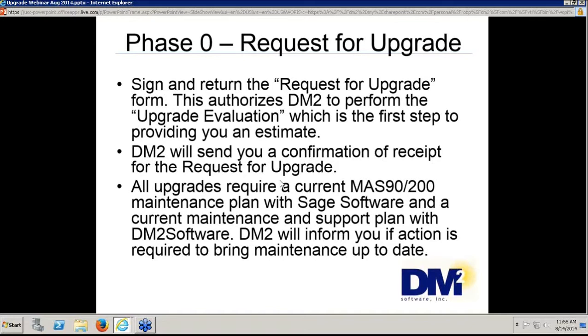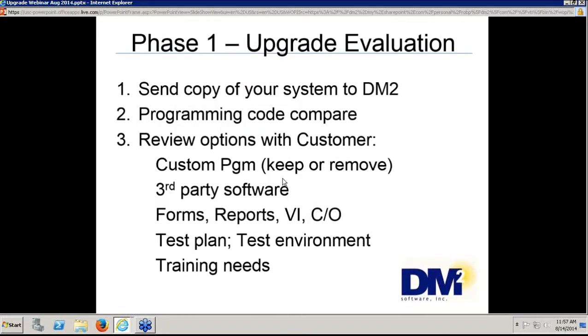So after that code compare is done, then you will spend a lot of time with an upgrade consultant reviewing all of the options within your system that relate directly to how difficult or how simple your upgrade scope is going to be. You look at the custom programming list. You discuss any third-party software, all the forms that you use, all the reports that you use, BI jobs, custom office functionality.